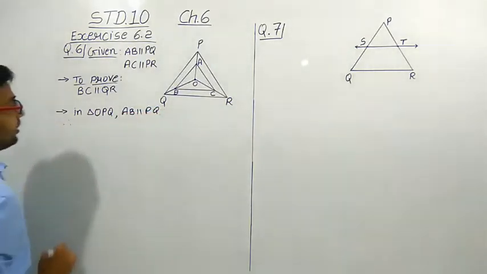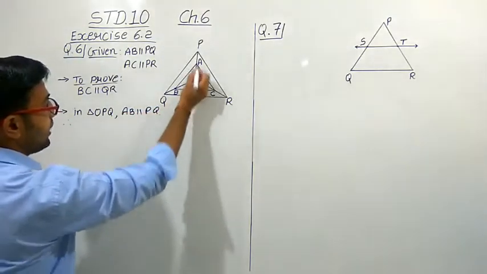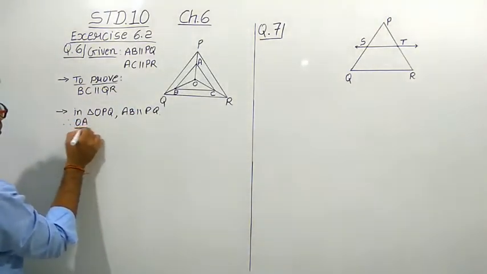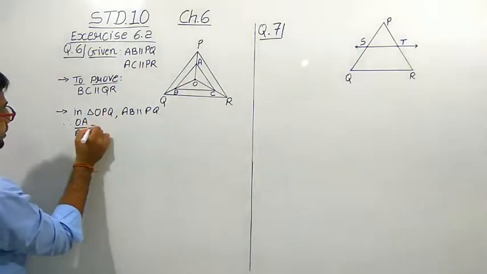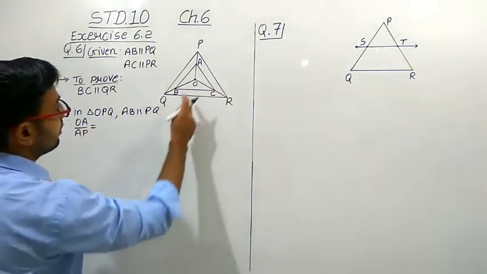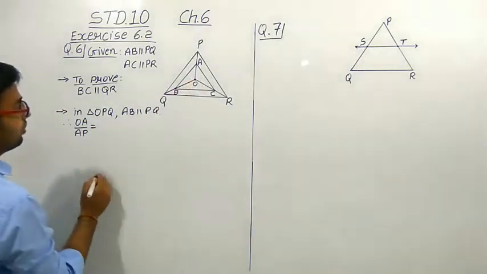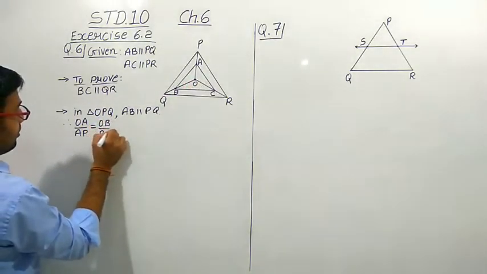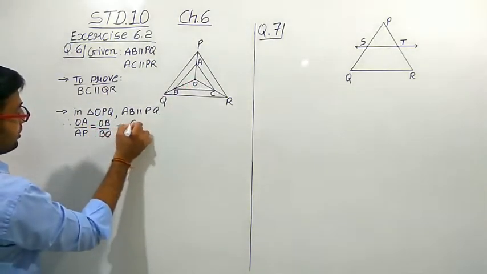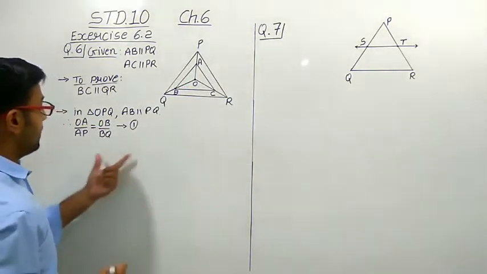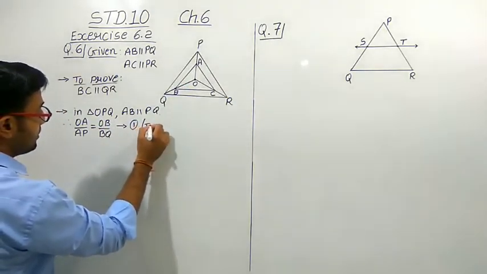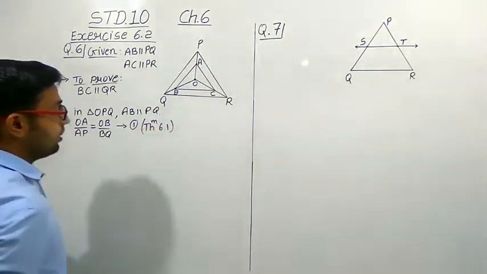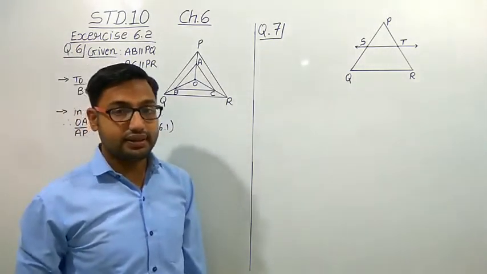Therefore, here we can write that OA upon AP is equal to OB upon BQ. Give it equation number 1. How can we write this? We can write it according to theorem 6.1, the basic proportionality theorem.